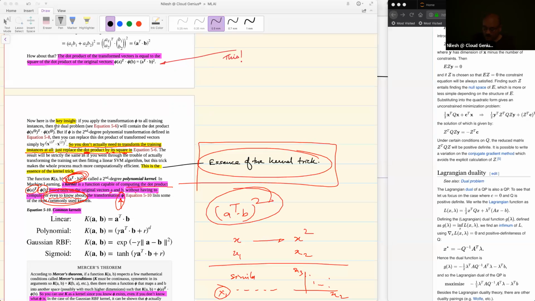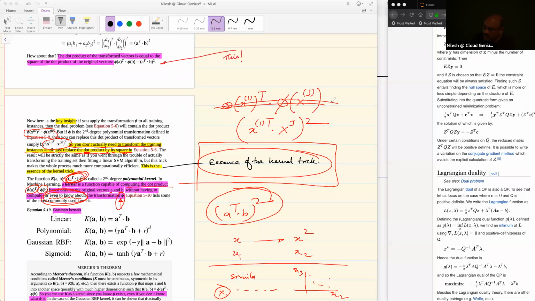So if you want to get the dot product of phi of xi transpose and phi of xj, what you need to do is just ignore the phi and take xi transpose times xj and square it.